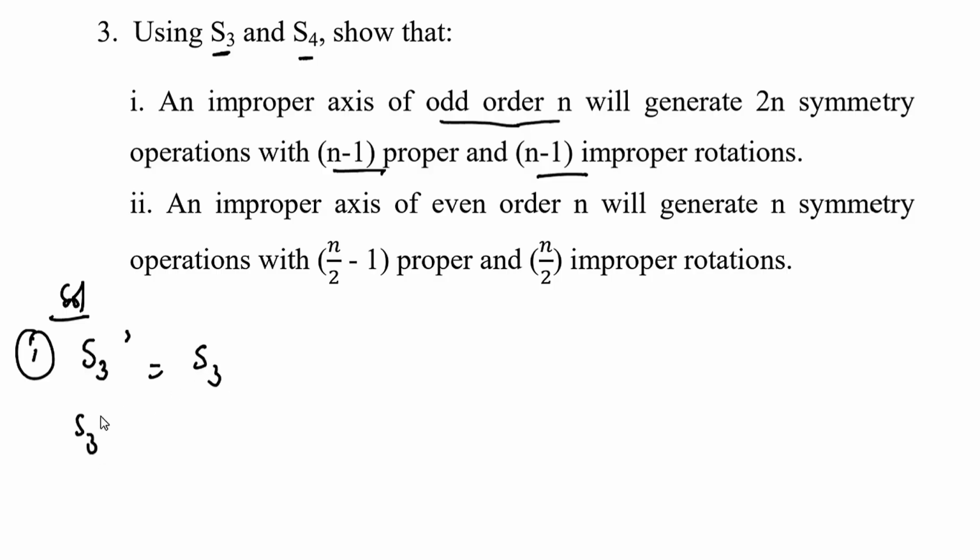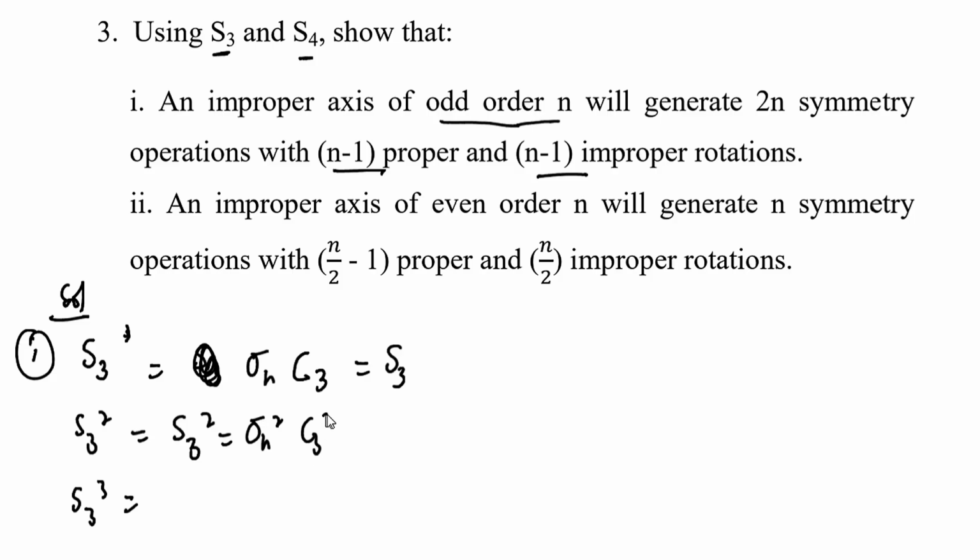So S3 2 will give S3 2, and S3 3 is going to give, oh sorry, what we're going to have here, S3 1 is going to give sigma H and then sigma H and then C3, right? So which is going to give S3 as well. So the second one is going to be sigma H square and C3 square, right? So this is going to give identity and then C3 square, and so this is going to give C3 square, right?